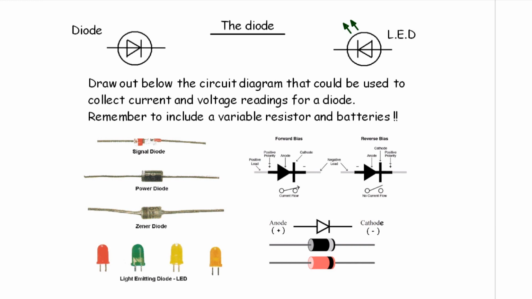What is a diode? A diode is a component that allows electricity to flow in one direction only, like a one-way system around the school, a one-way street, it can only go one way. We also have special types of diodes, an LED, a light emitting diode.